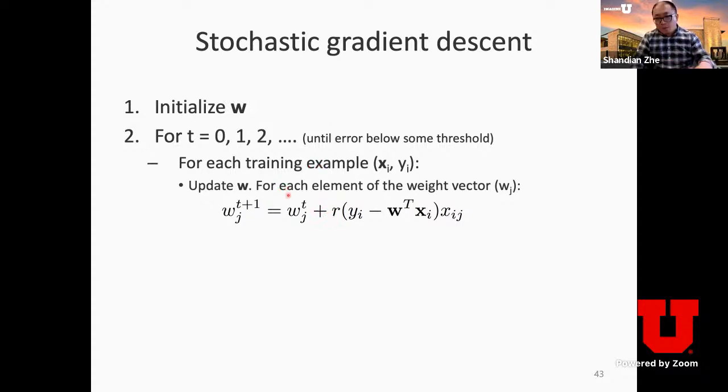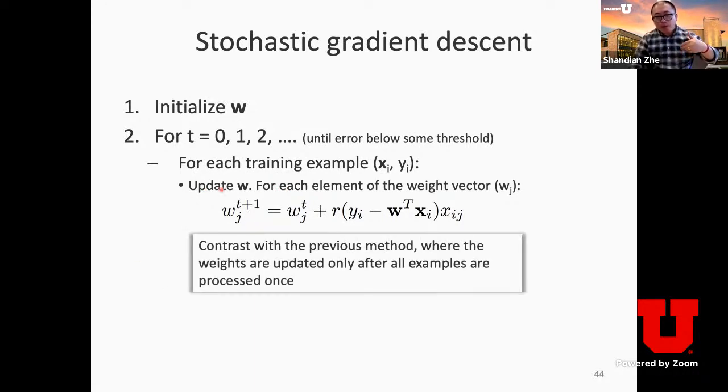After we process one training example, we finish one update. Then we look at the next training example, calculate the stochastic gradient, and update the weight vector again, until we finish processing all the training examples in the data set. Then we move to the next iteration. We continue this until our training error is below some threshold or some other stopping criterion is met.